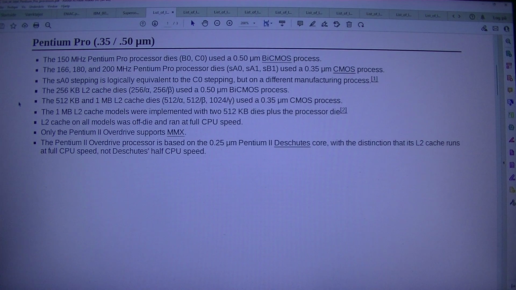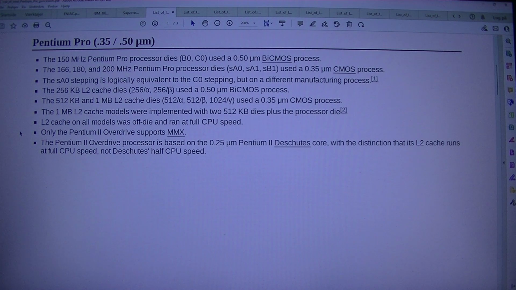The 512 kilobyte and 1 megabyte L2 cache dies, 512/alpha, 512/beta, 1024/gamma, used a 0.35 micrometer CMOS process. The 1 megabyte L2 cache models were implemented with two 512 kilobyte dies plus the processor die. 2. L2 cache on all models was off die and ran at full CPU speed.